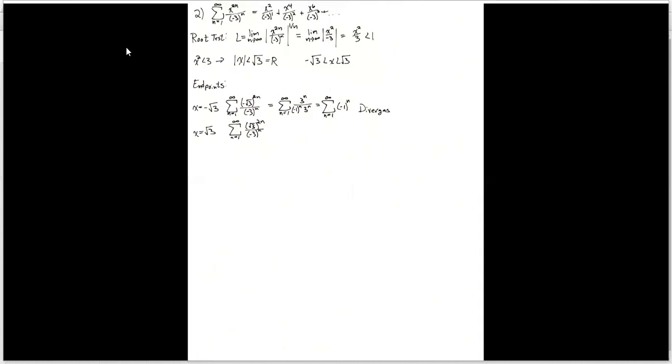And believe it or not, this is going to be the same deal, and this also diverges. So our interval of convergence is just the open interval from negative radical 3 to radical 3. We can't include the bounds because they both diverge. Okay?